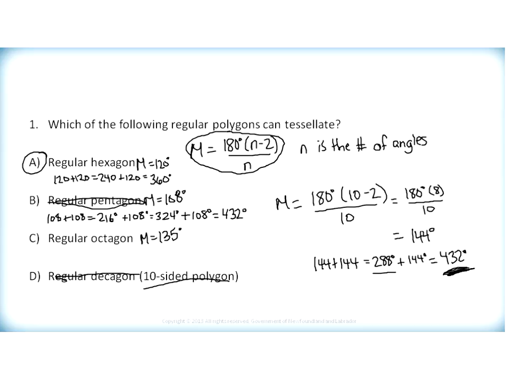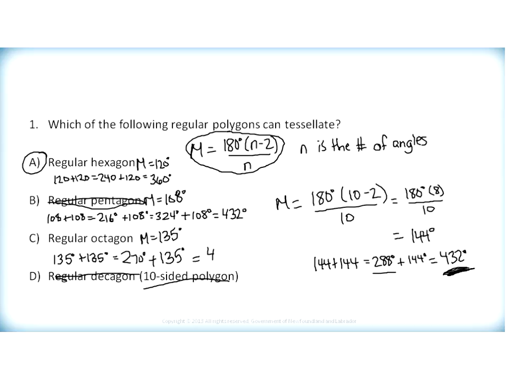How about a regular octagon? Well, I'm going to add together two of them, 135 degrees plus 135 degrees. That's going to give me 270 degrees. That's clearly less than 360, so I add on 135 degrees more.